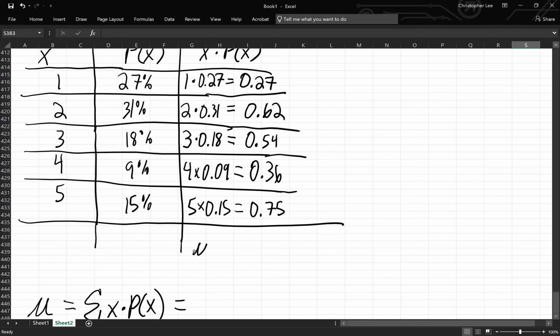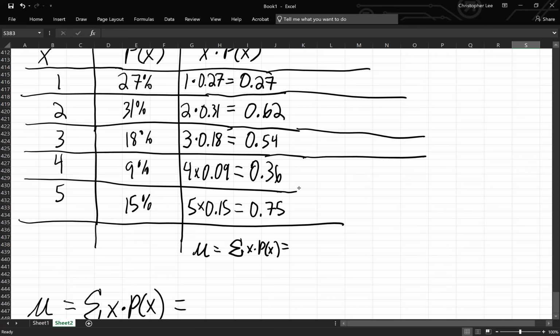So the mean, mu, is equal to the sum of x times p of x, which is literally just adding up these numbers that you have right here, like 0.27 plus 0.62 plus 0.54, etc. Just add them up. Tell me what you guys get.